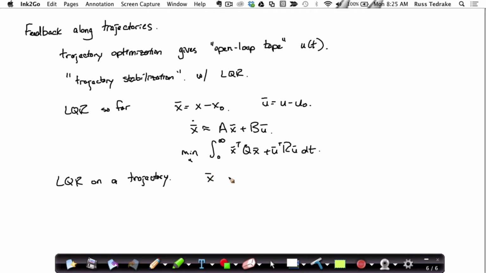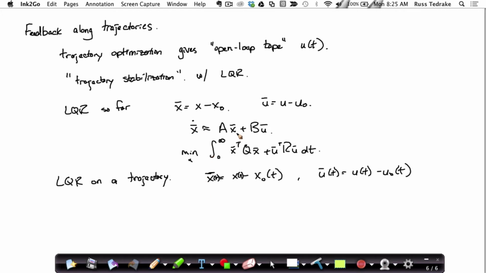So now we have x bar is whatever my x is minus x0 of t. So I've got a nominal trajectory. Similarly, u bar, which is always a function of time, is whatever my current u is, minus the nominal trajectory u0 of t.